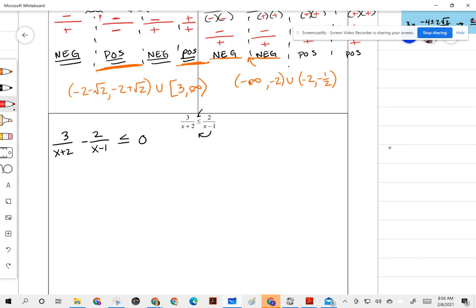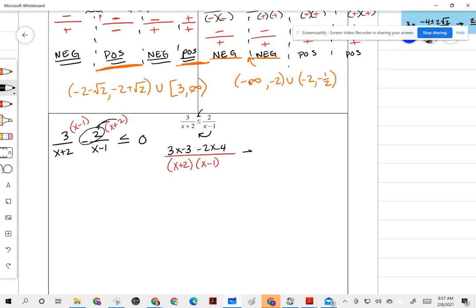Okay. So if you remember how to add fractions, you need common denominators. So I need my common denominator to be x plus 2 and x minus 1, which means I need to multiply this guy by x minus 1 and this guy by x plus 2. And so when I perform that calculation, I'm going to get 3x minus 3. And then I also get minus 2x minus 4, because I'm taking that -2 and distributing it.